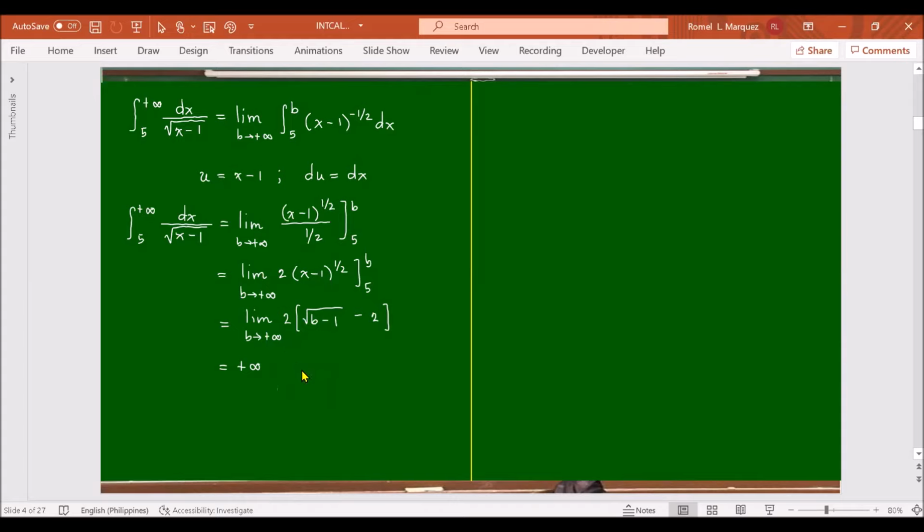Okay, guys? So meaning this improper integral has no finite value. The limit does not exist. Hence, we say that the improper integral from 5 to positive infinity of dx over square root of x minus 1 is divergent. Okay?